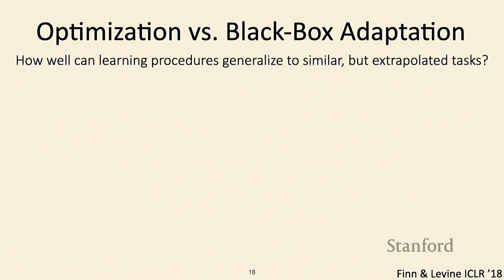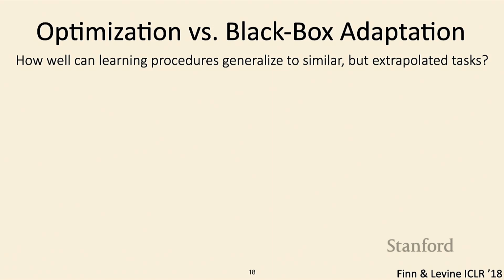Now let's actually look at how these algorithms perform in practice. In general, both of them can represent a variety of learning algorithms. But one thing that's nice about the optimization-based meta learning algorithms is that at meta test time, you're literally just running fine tuning.